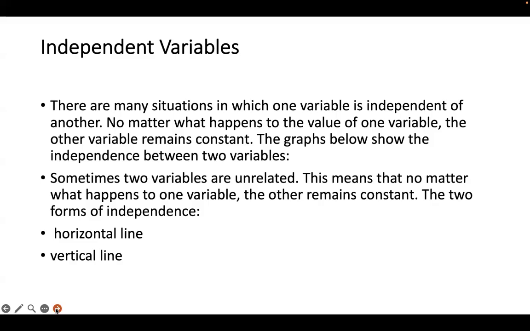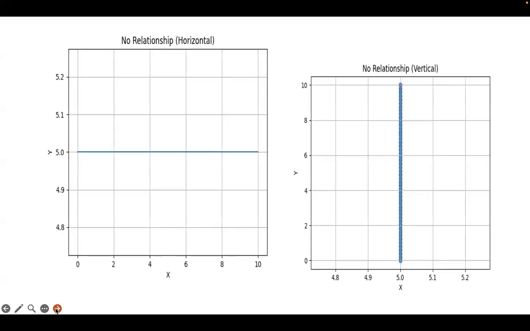This means that no matter what happens to one variable, the other remains constant. Therefore, you have the horizontal line, then the vertical line. So there's no relationship. That's the horizontal line. That is, no matter the price, the same quantity will be demanded.